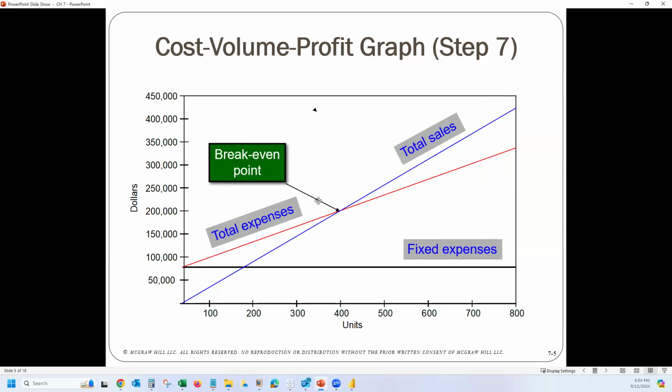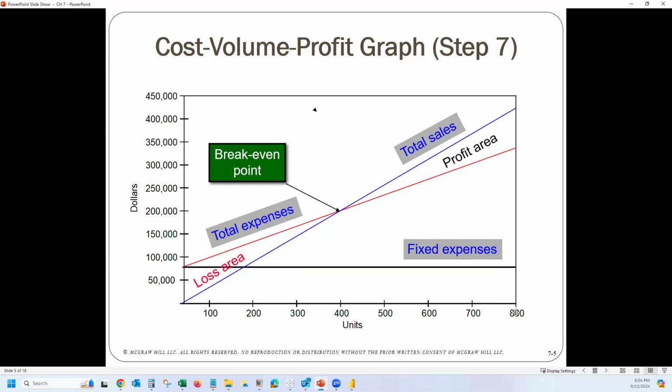Here is a cost-volume-profit analysis graph. Now, your fixed costs remain constant, assuming that the numbers we have here, we plug into the graph. Your fixed costs will remain constant within the relevant range. Let's say the maximum capacity that the company plant can produce is 800 units. Now, the fixed cost is constant within that range, and that is one of the assumptions in cost-volume-profit analysis.